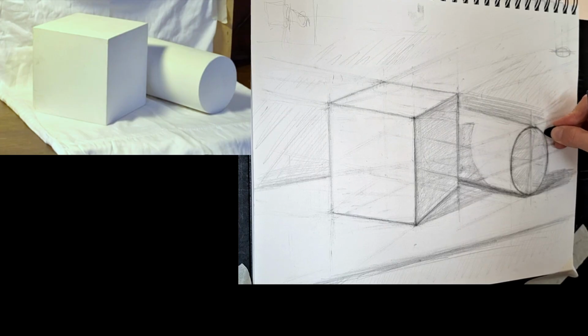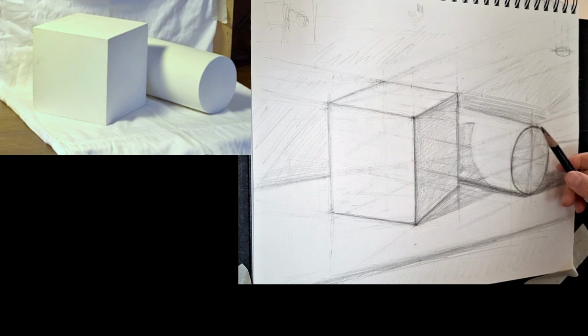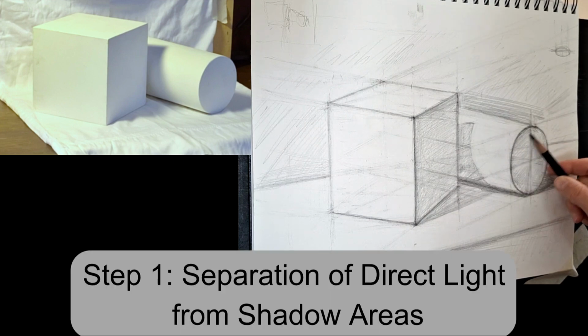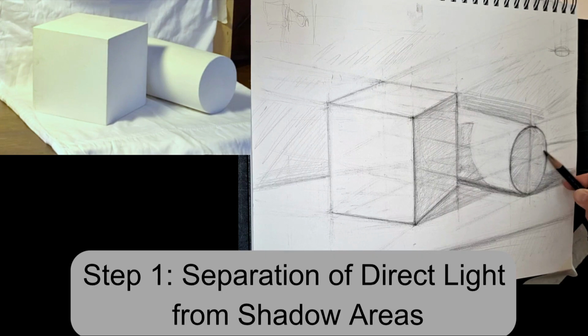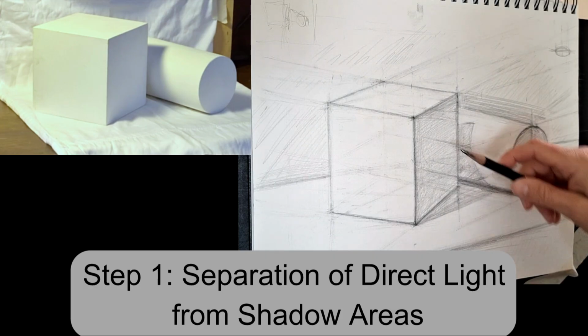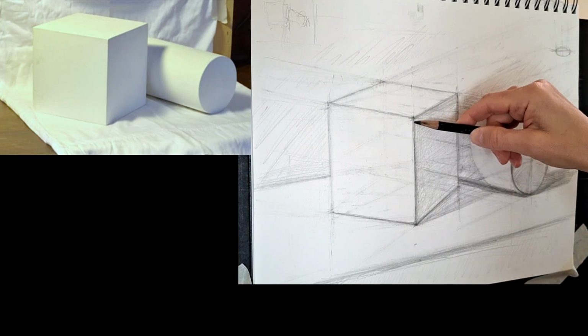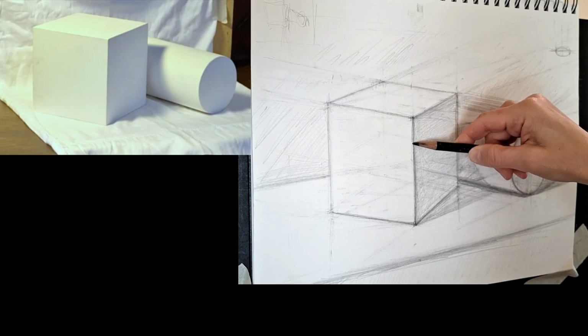All right, so basic separation of light and shadow is your first step, and we are already pretty close to having gone through that step. You want to establish all of your main areas of what's going to be basically light and basically dark.